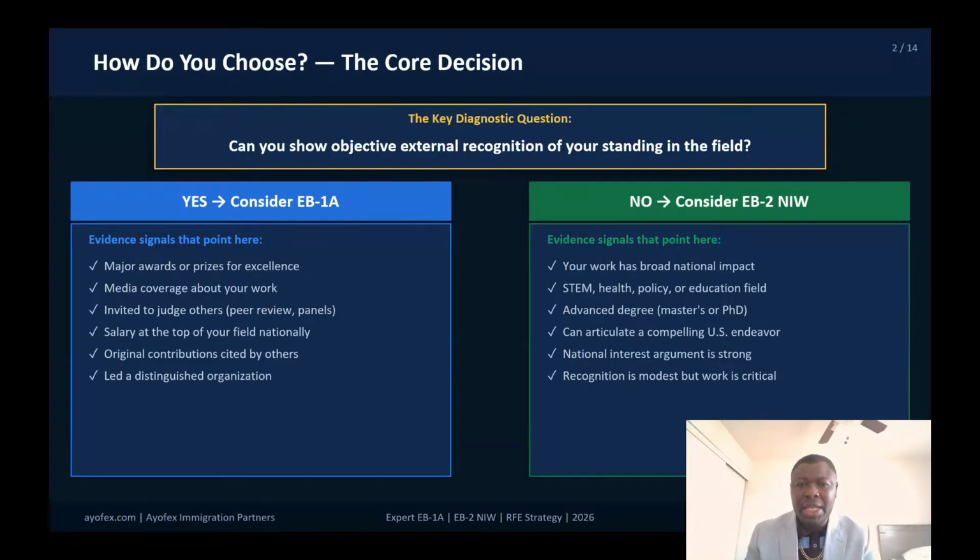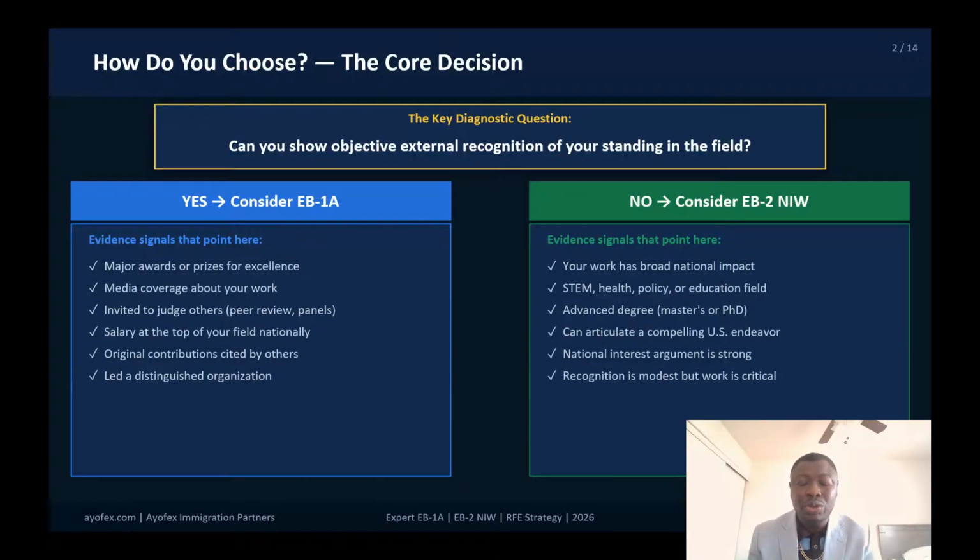But the evidence that signals that you need to go for EB2 is this: your work has broad national impact, you are in a STEM, health, policy, or education field, you have an advanced degree, a master's or a PhD, you can articulate a compelling US endeavor, your national interest argument is strong, or your recognition is modest but your work is critical.